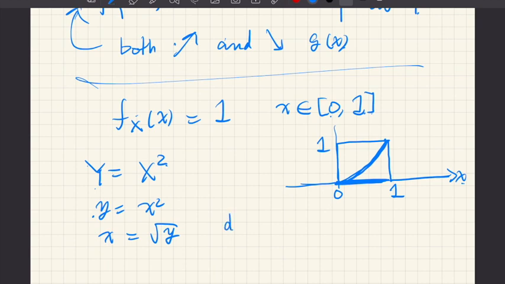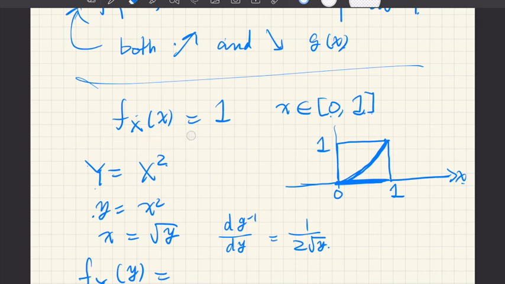So we differentiate it, and we get what? 2 square root of y. So the density function of y should be, so the density of x is 1, and the derivative is this. So the density is, after all, we have this.